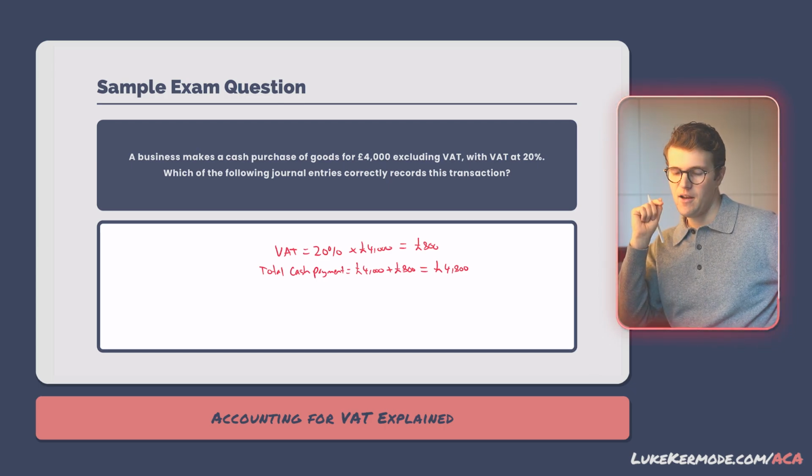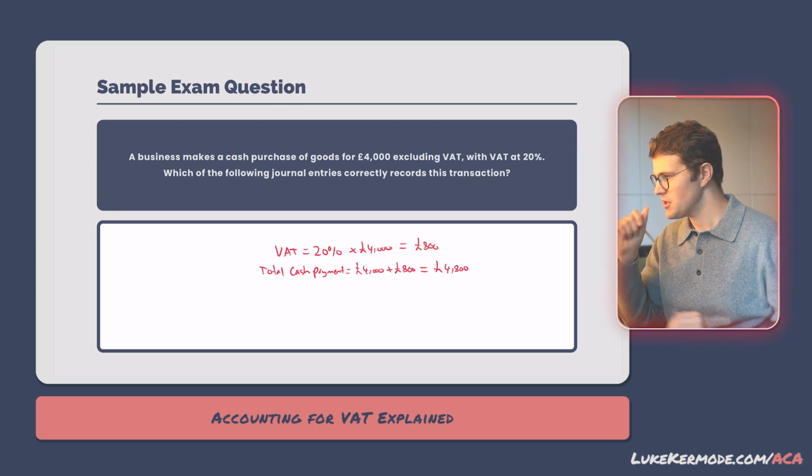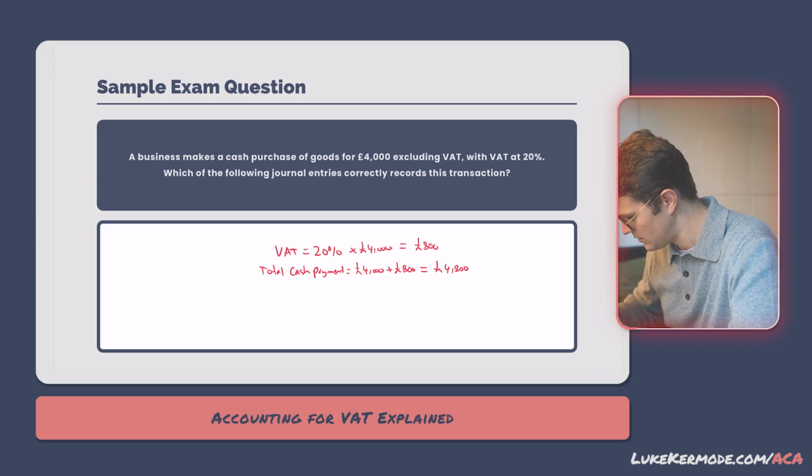Now let's think about the journal entry. So the business paid £4,800 in total, so we need to credit cash £4,800.